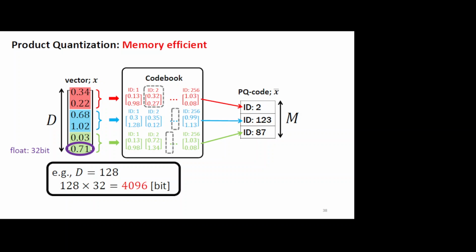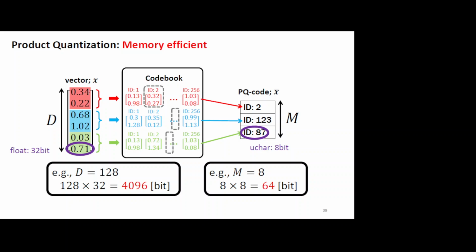Okay, in the real case, if your dimension is 128 dimensions, and each dimension uses 4 bytes to encode it. Okay, actually you will need 512 bytes to encode this data.